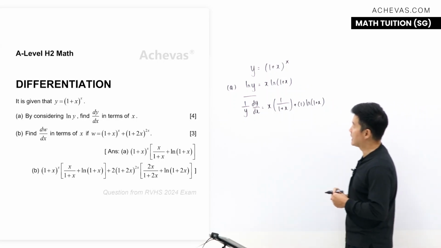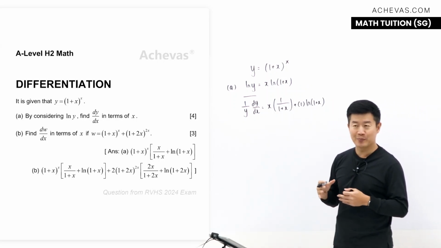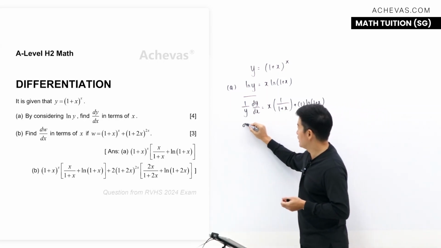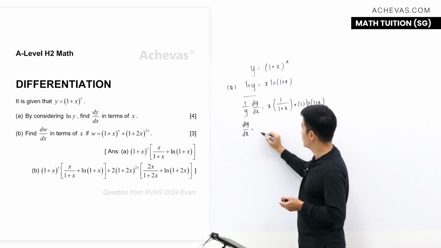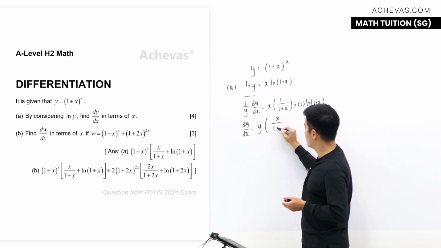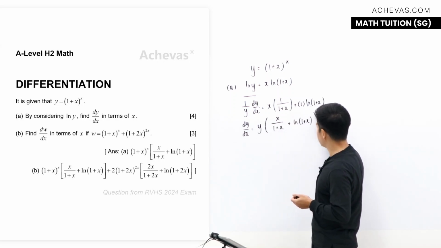According to what the question is asking us to do, we are supposed to get our dy dx in terms of x. So let me make dy dx the subject first. It is going to be equal to multiplying y across: y times x over 1 plus x, plus ln(1 plus x).